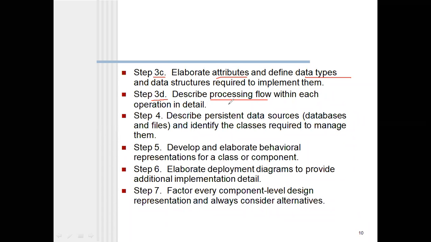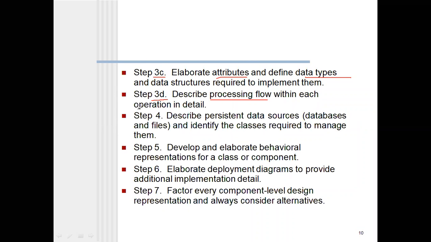If you want to describe the process flow of a function, then you should take an activity diagram to represent it. So how that particular function will be executing internally or externally, whatever it may be, to finish off that particular task. That is about 3D.